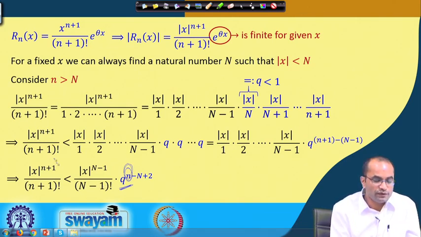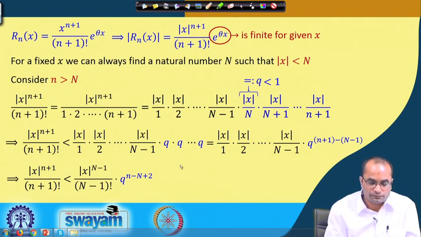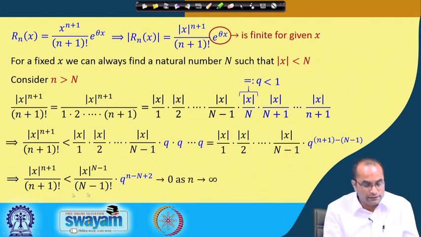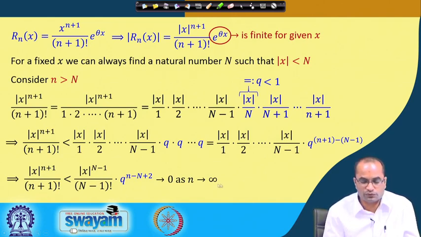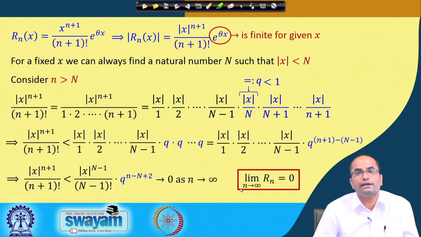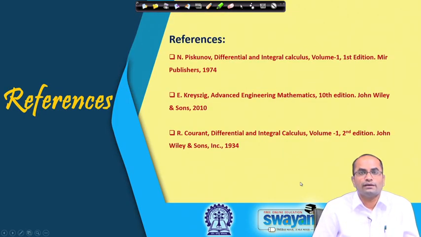So, the absolute value of this remainder term goes to 0. So, what we have seen is that the remainder term is less than a term which goes to 0 as n goes to infinity, and we can conclude that the remainder goes to 0.